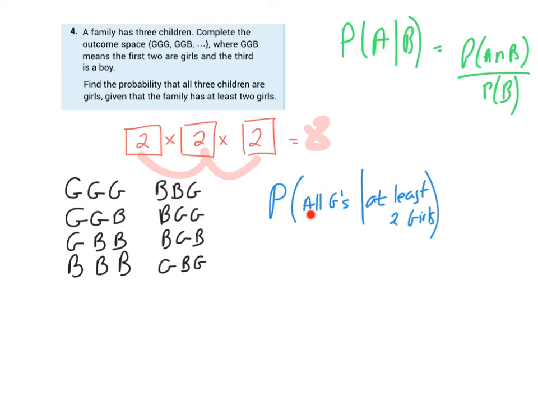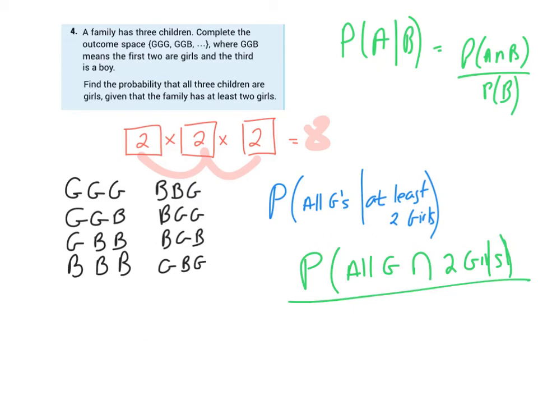What does that mean? Okay, so what it means is the probability that you have all girls intersecting with 2 girls, all over the fact that you have at least 2 girls.